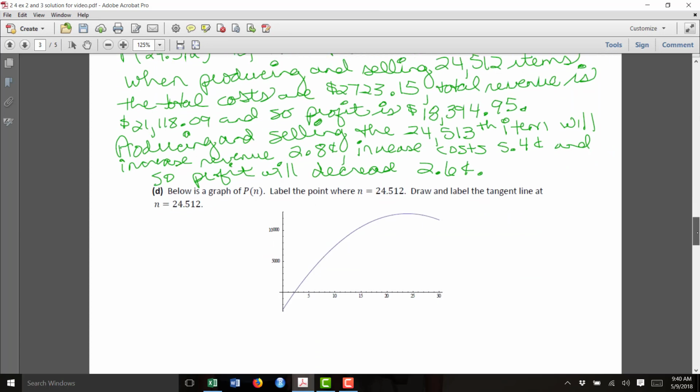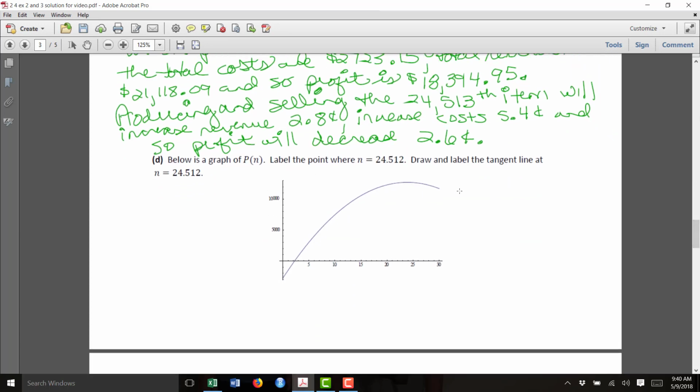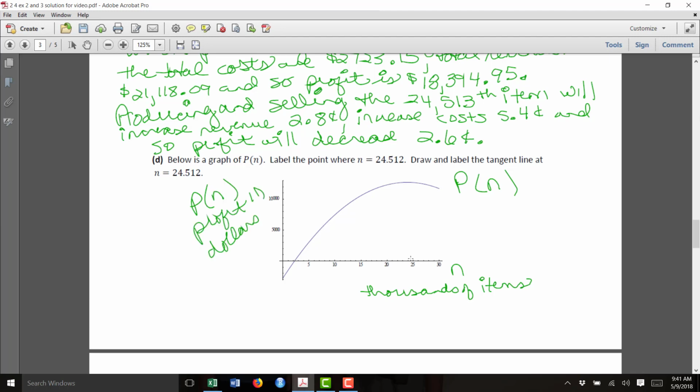So we want to look at that profit function. This is a graph of the profit function. Down here on the horizontal axis, we have the input is n thousands of items. That's thousands of items produced and sold. The output is the profit. And so they're saying we're going over here to about 24.512, which is about right here. And we're plotting that point.